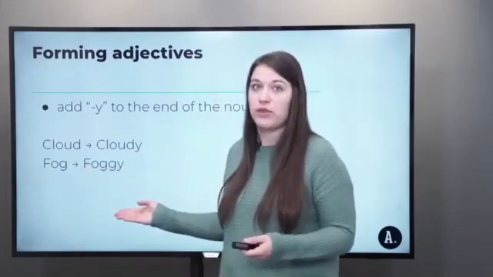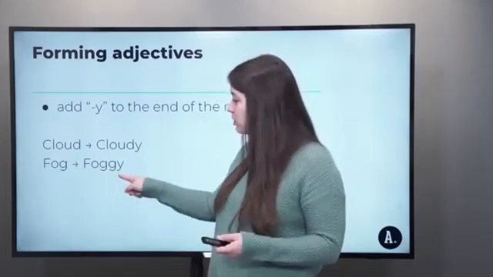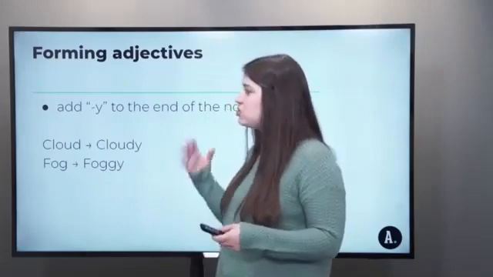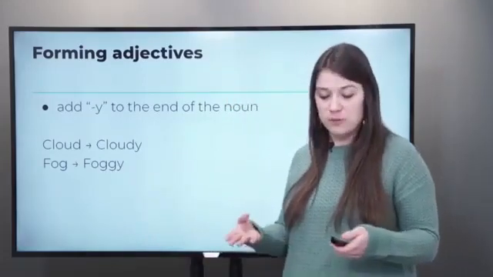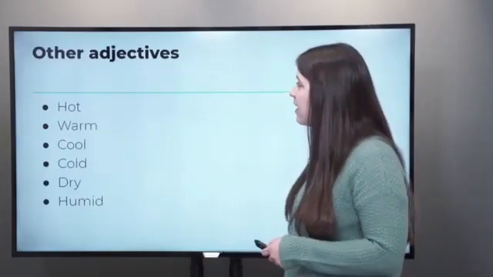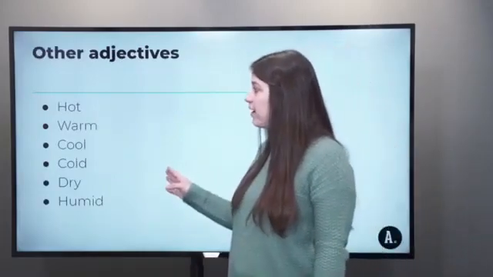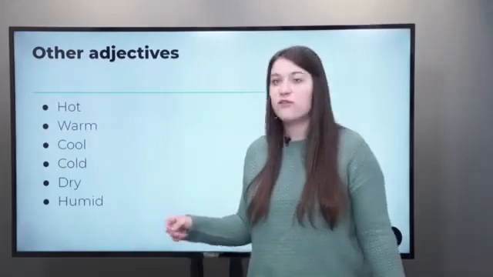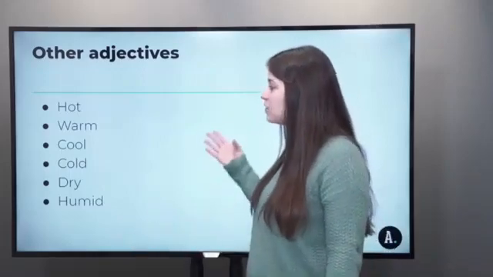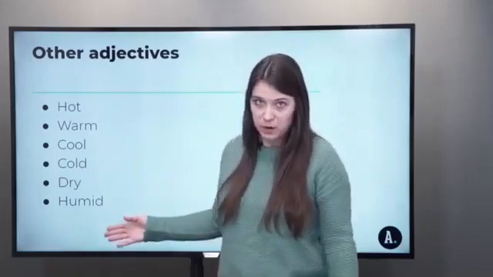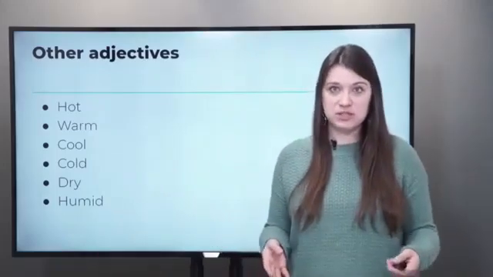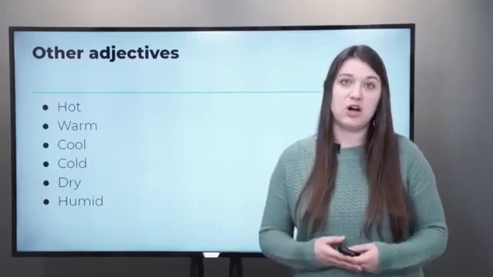With words that end in G, you double the G and add a Y. Here are some cases where that rule does not apply, for example, hot, warm, cool, cold, dry, or humid. These are exceptions to the rule, adjectives to talk about the weather.